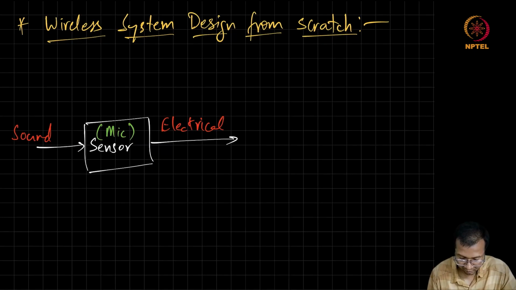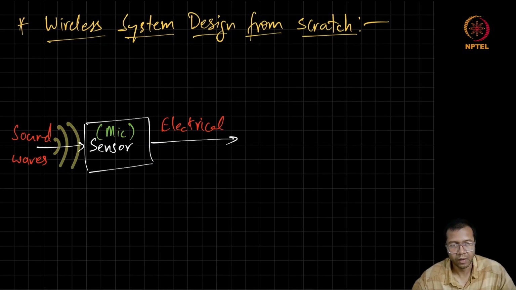So you have sound waves, and the sound waves reach the microphone, and the output of the microphone is an electrical signal. Electrical signal means it can be voltage or current changing with time.